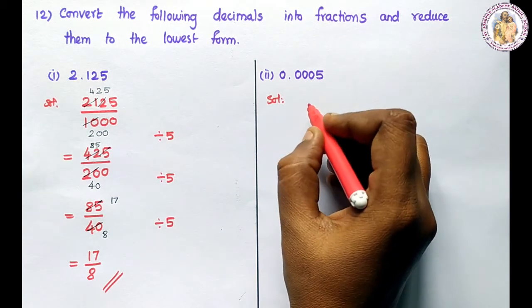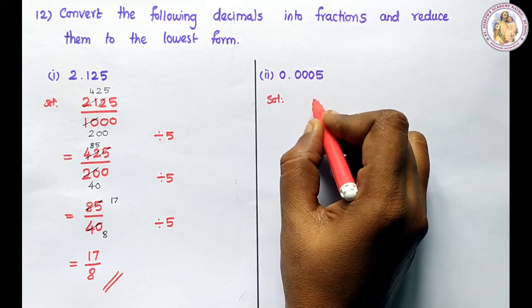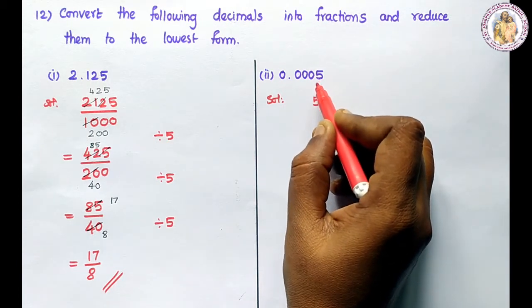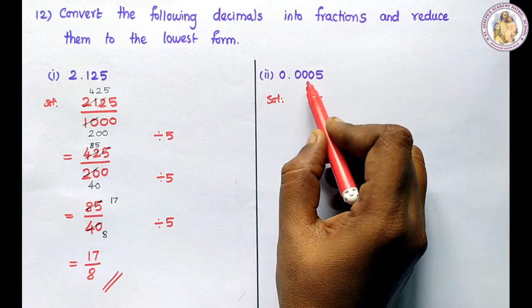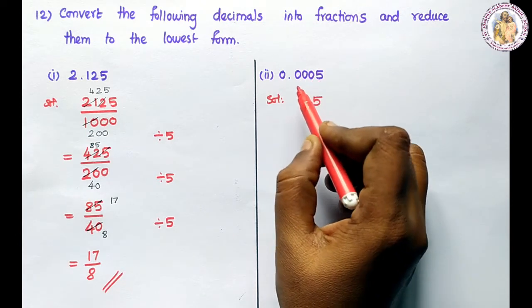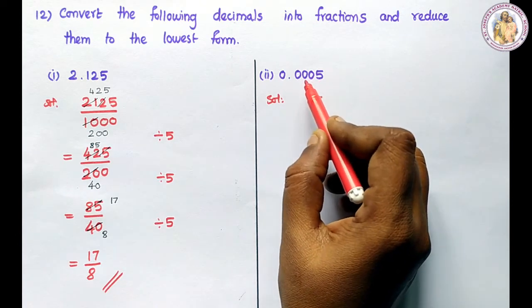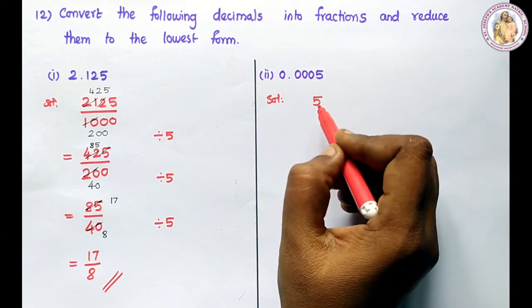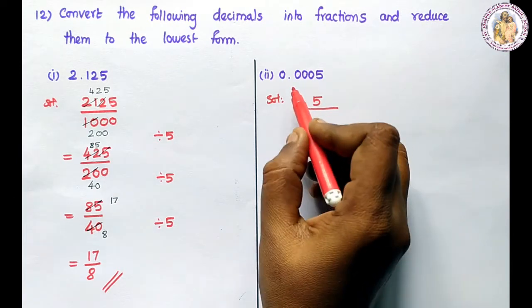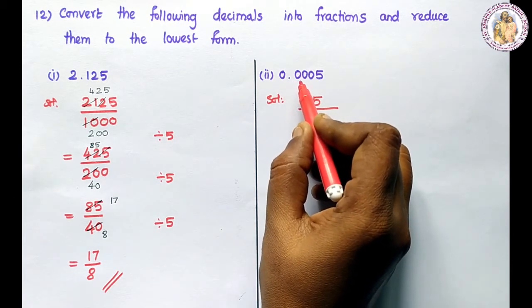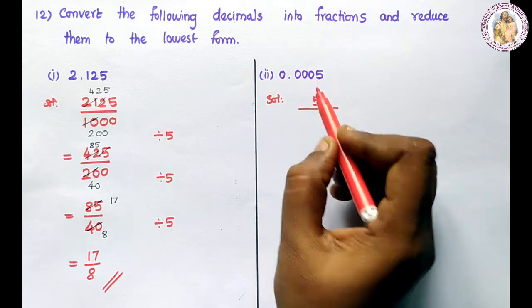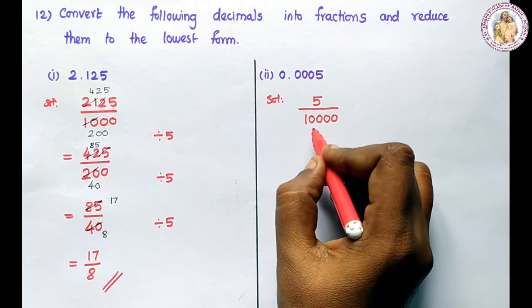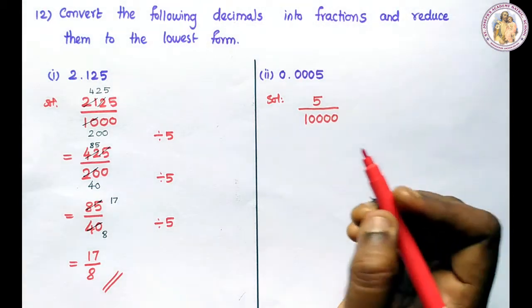0.0005. Write down in fraction form. Write the number. Full numbers means 00005. So zeros are not valid. So write the number 5 divided by, after the decimal point, how many numbers are there? 1 2 3 4. So 4 zeros we have to put, means 10,000.